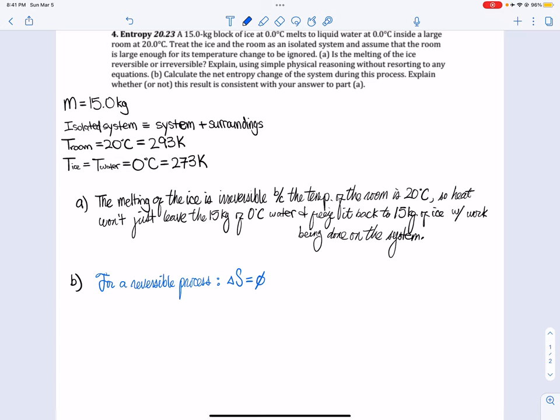And for an irreversible process, the net entropy change is going to be greater than zero. So let's calculate the net entropy change of our system during the process, and hopefully it will agree with my answer that it is an irreversible process, and that the net entropy change we calculate will be greater than zero.